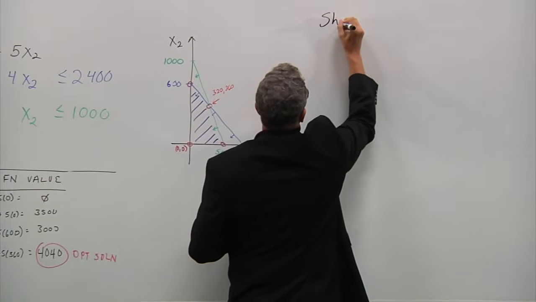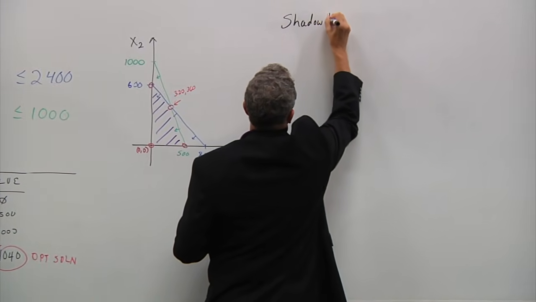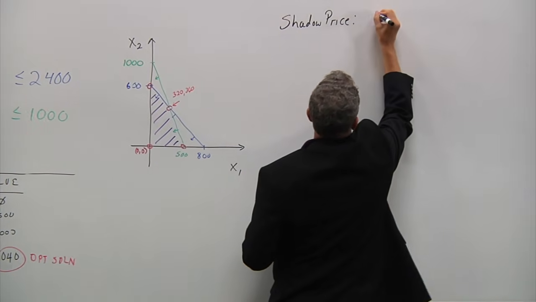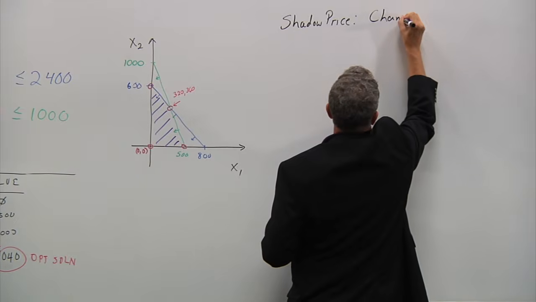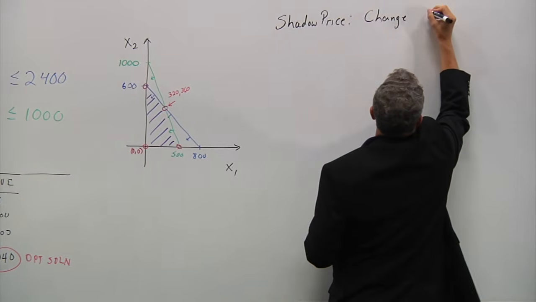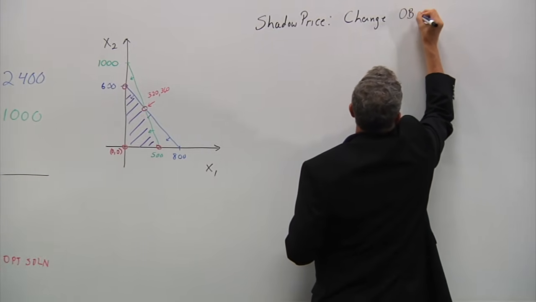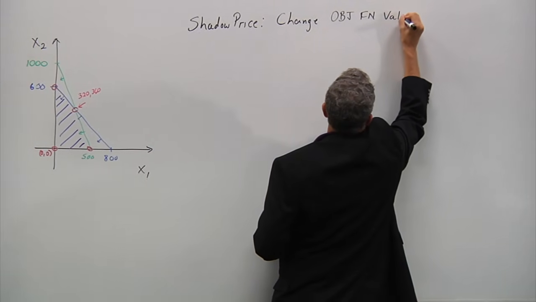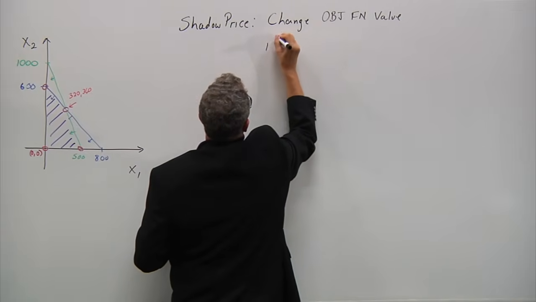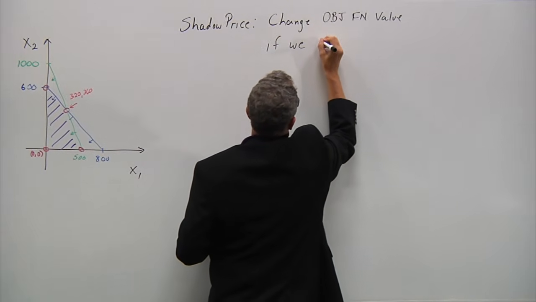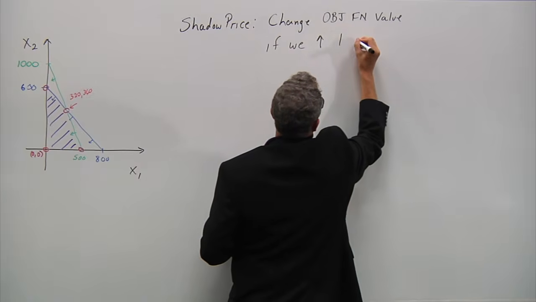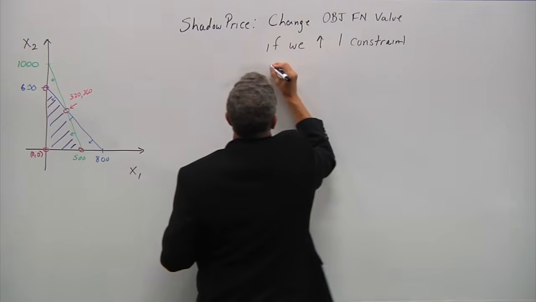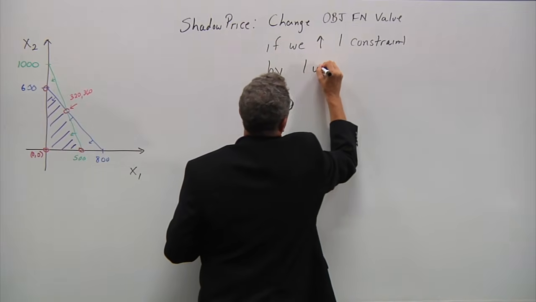Now the shadow price is defined as the change in your objective function value at the optimal solution if we increase one constraint by 1 unit.